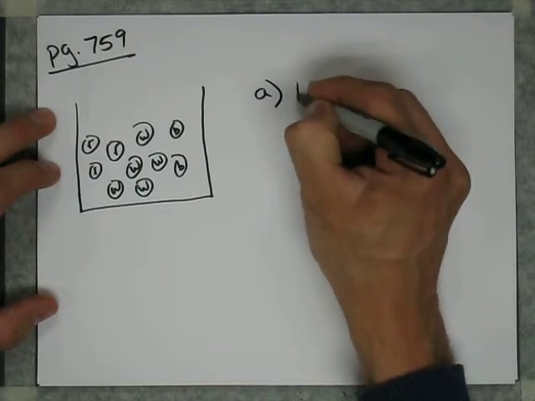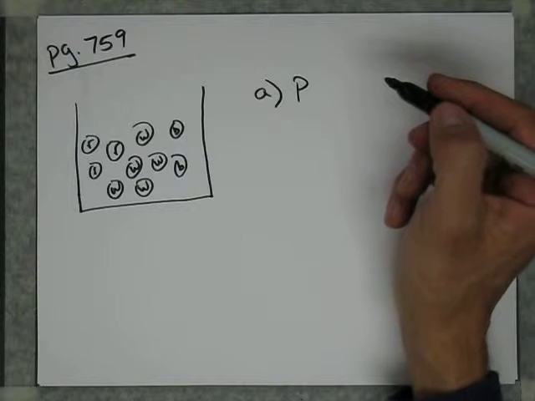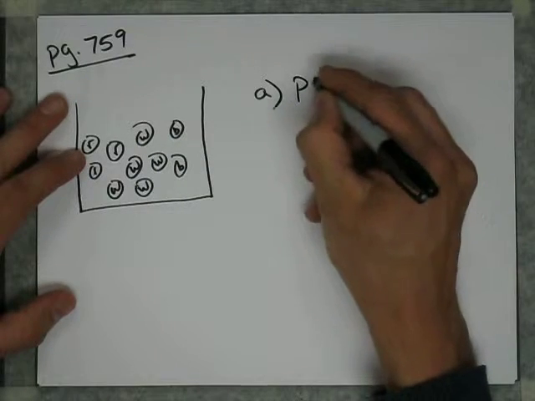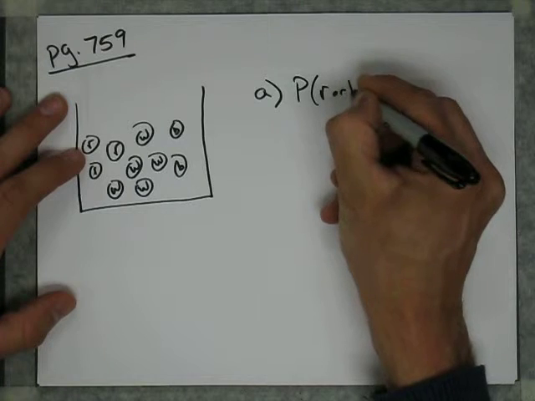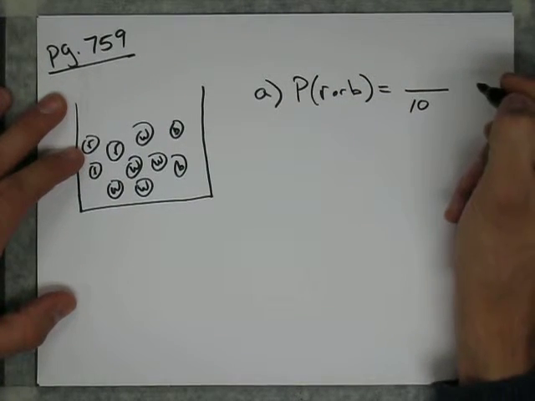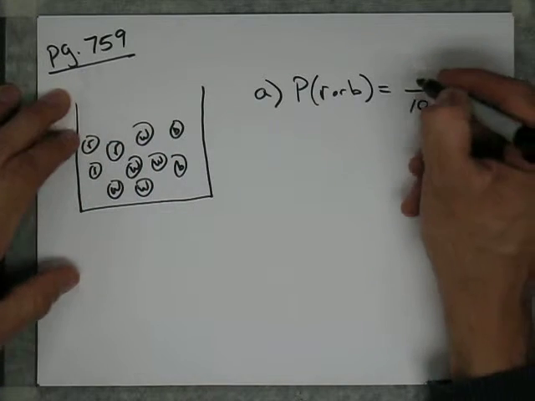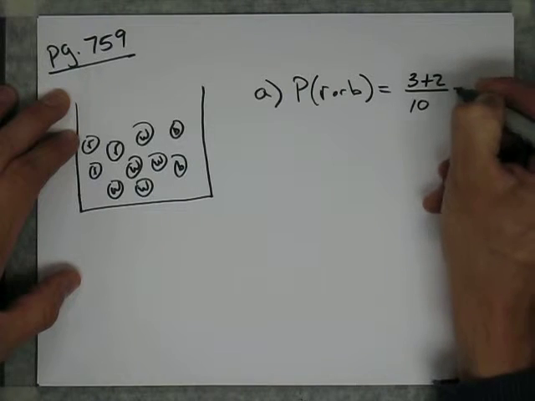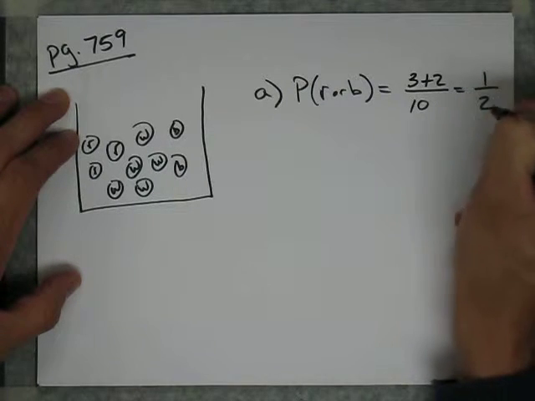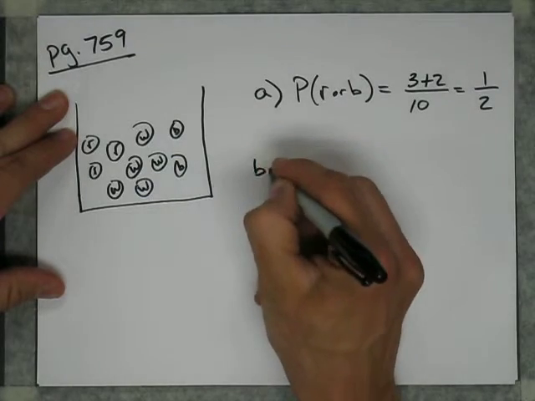So the probability of a red or blue being drawn is equal to 10 marbles, and you could choose either 3 reds or 2 blues, so 3 plus 2 over 10, which is 1/2. Okay. What about B?